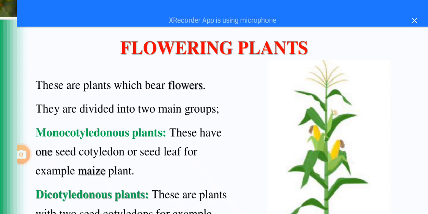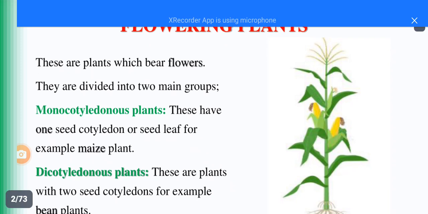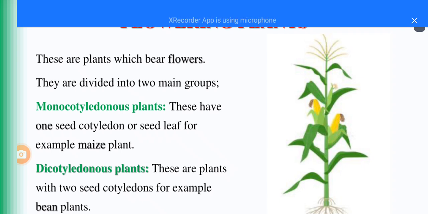As I told you, flowering plants are those plants which bear flowers. So these plants are also divided into two main groups, which you know clearly. One is the monocotyledonous plants, then two is the dicotyledonous plants. So when we talk about monocotyledonous plants, those are plants which contain one seed cotyledon or seed leaf.